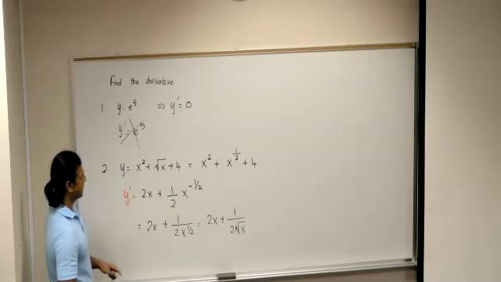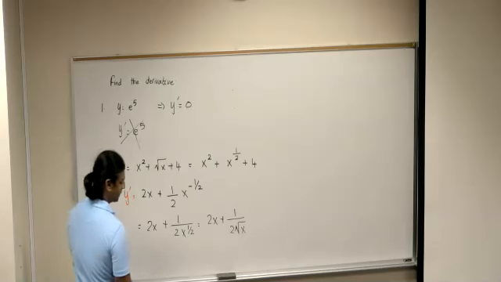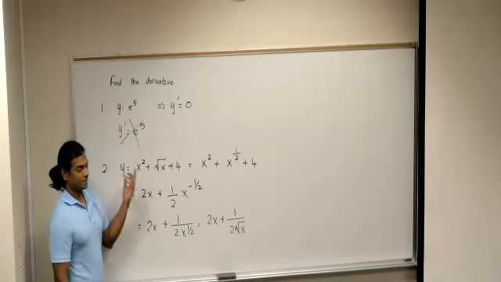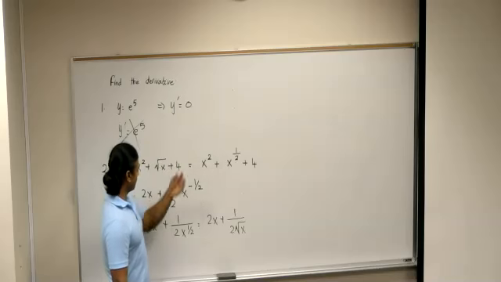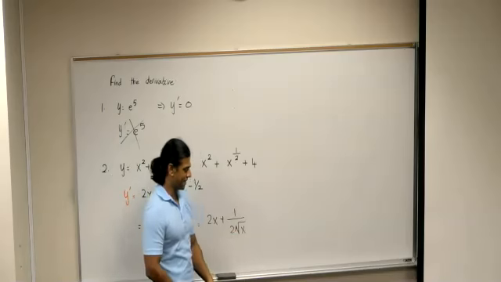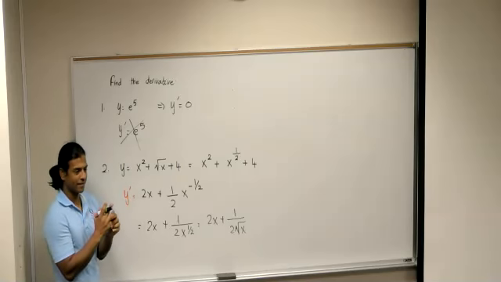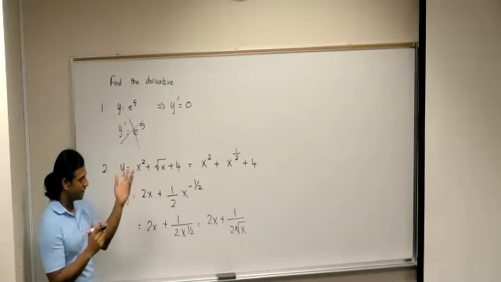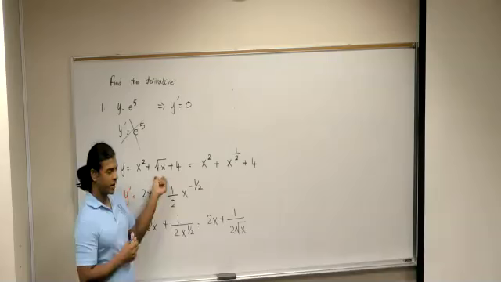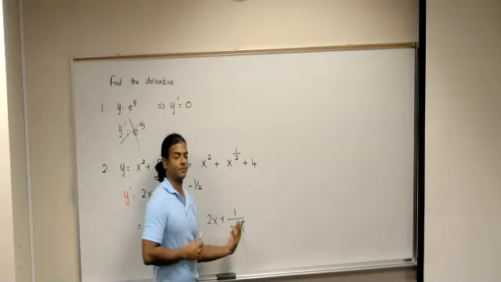Especially if you're going to go to calculus 2, differential equations and whatnot. When I teach the class, I say the derivative of this is that, and I get this look on the faces of students as if that's the first time they've seen this. You should know that the derivative of square root of x is 1 over 2 square root of x. Good.